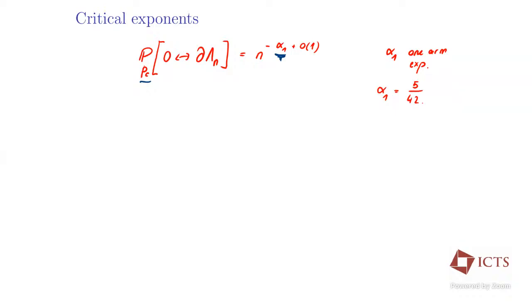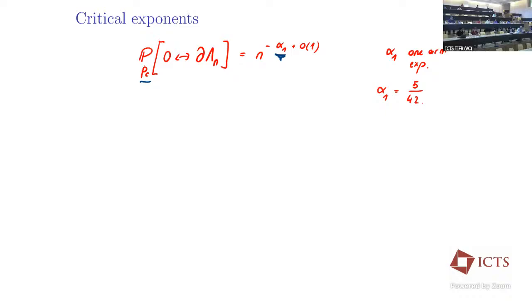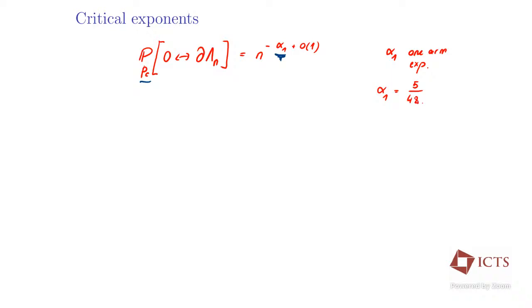But you expect that if you look at planar percolation at PC, you'll always have an algebraic decay for this kind of probability, and it's always going to have the same exponent. And this exponent should be this one, which I'm now certain is not 5/42. One just corrected it, it's 5/48. Yes, it did look a bit strange to me, this 42.